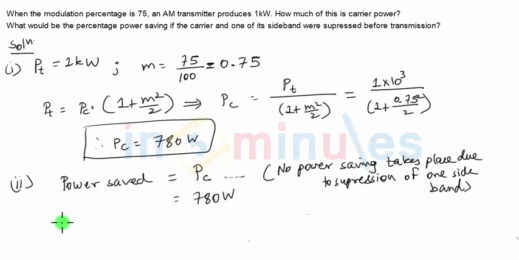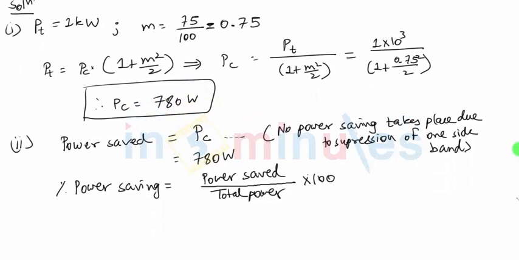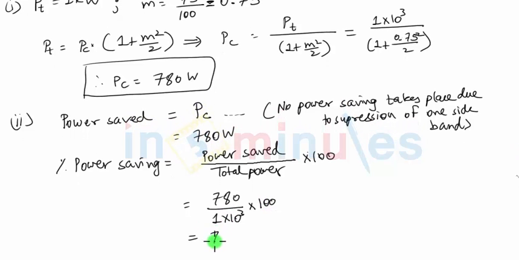So what will be percentage power saving? Percentage power saving will be equal to power saved divided by total power transmitted into 100. So power saved is 780 divided by total power transmitted was 1k, that means 1 into 10 to the power 3 into 100, and this will give me 78.